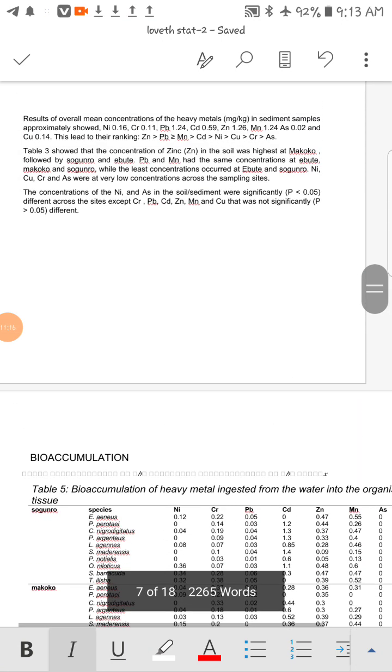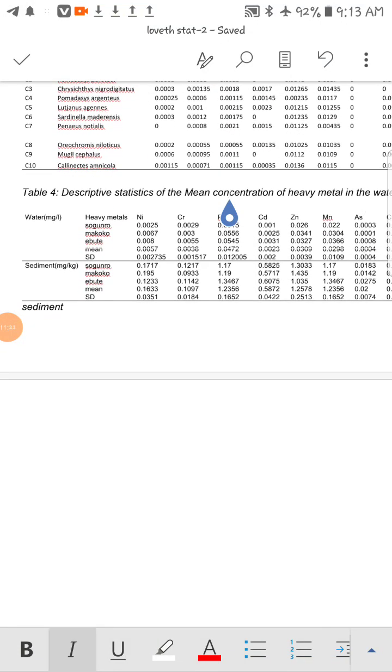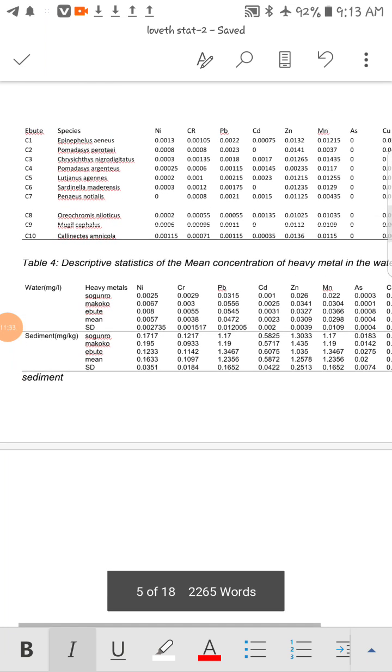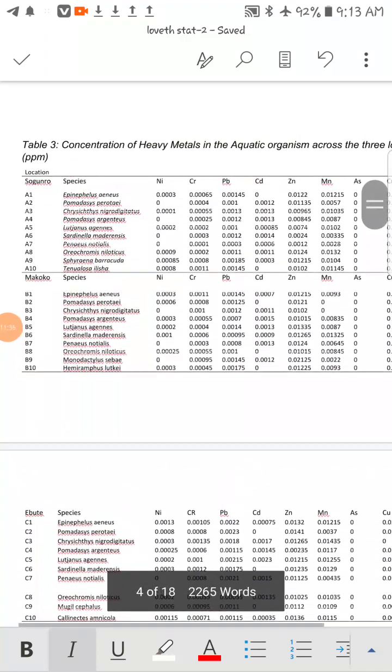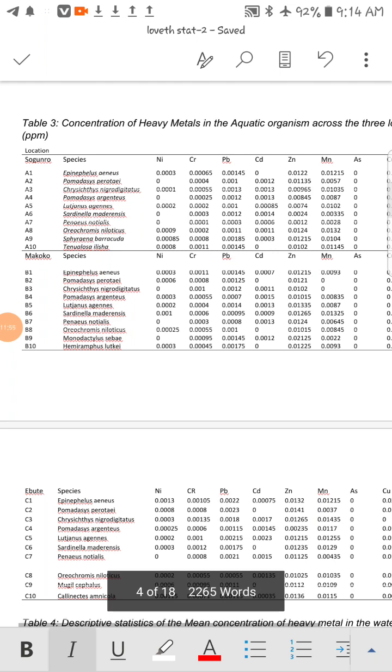Just take the values across each location. So we take the values across each location here, 0.0025, 0.0029, across that location, that level of the heavy metals, to divide all the organisms that are bioaccumulated in Nickel across the same pattern here. For each of the organisms, just take that quantity in the water to divide all the amount that was bioaccumulated in Suguru alone. So that's how you do that.